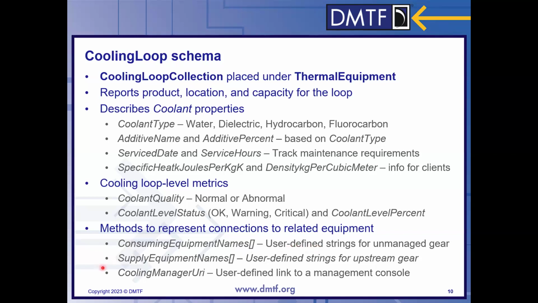And then lastly, if there are things like existing GUI interfaces or other APIs, we have the ability to list those URIs out so that folks using the Redfish interface can discover, okay, well, I may not have a lot of information about this piece of gear, but let me give you a link to a URI where another management interface exists.